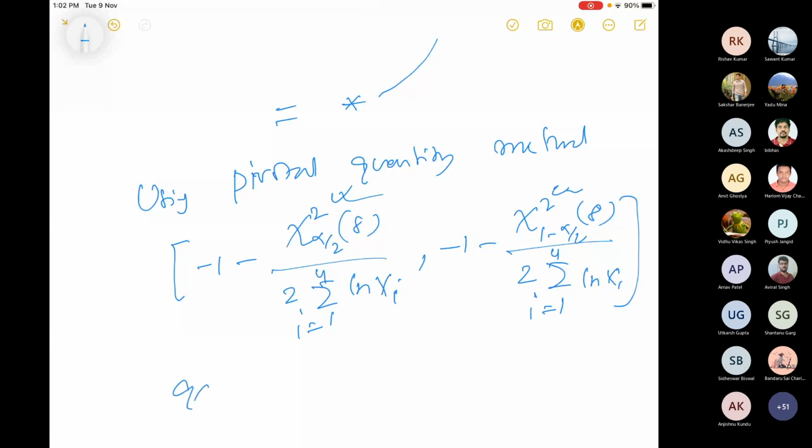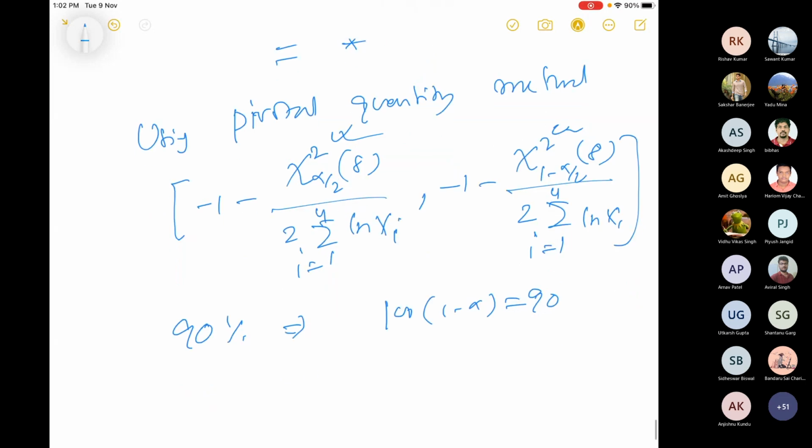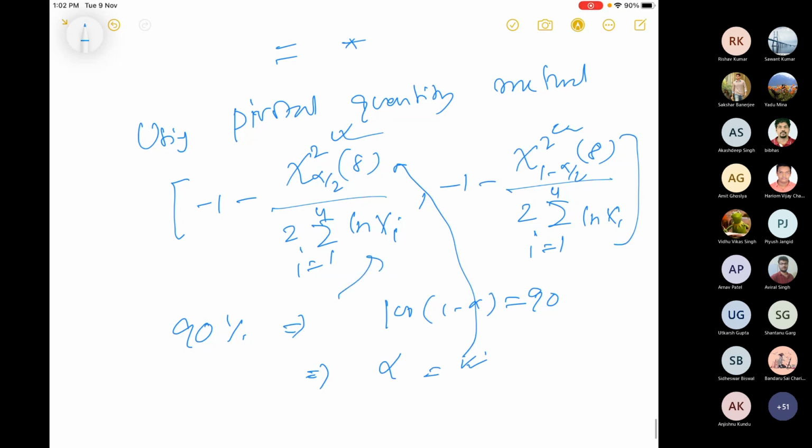Let's say a 90% confidence interval. That means 100 times 1 minus alpha is equal to 90, so from here I can find the value of alpha. Then I can find the chi square value from the table. I know the xi's, so I have an interval.